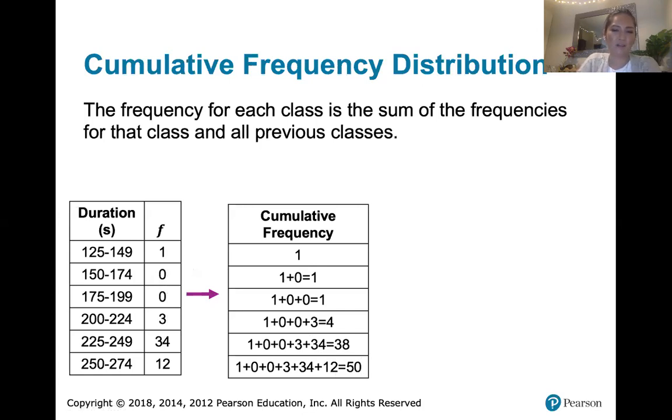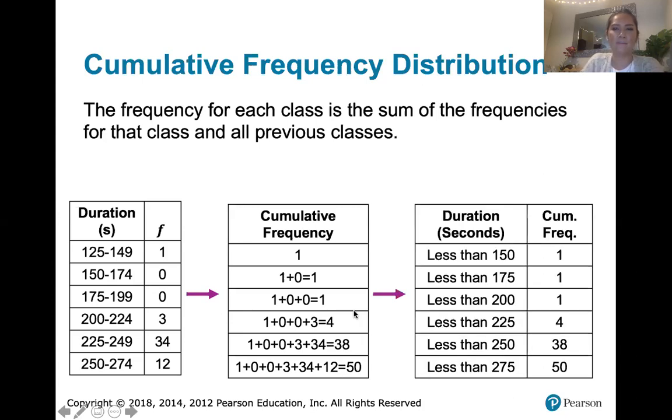At that point, all of the eruption times, or duration times of eruptions, are accounted for. Now we wouldn't typically write it like this. We would typically write it like this. If the duration time is less than 150 seconds, so that's any durations between 125 and 149, it turns out there was only 1.